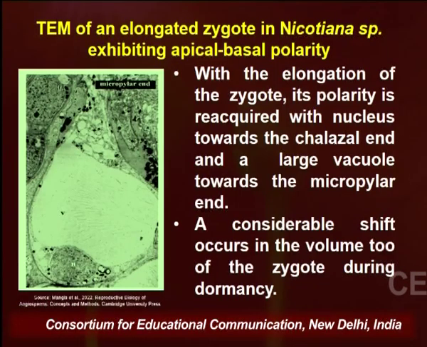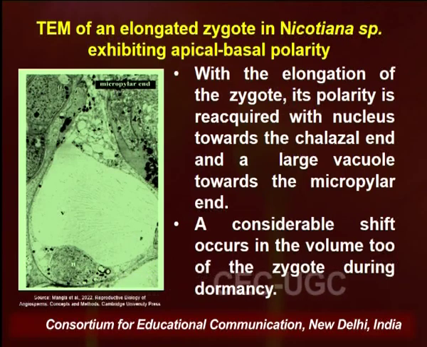One of the first patterning events after fertilization is the formation of an apical-basal axis of the zygote, and hence the attainment of polarity. In this transmission electron micrograph of an elongated zygote in Nicotiana, you can see that there is a pronounced apical and basal polarity.